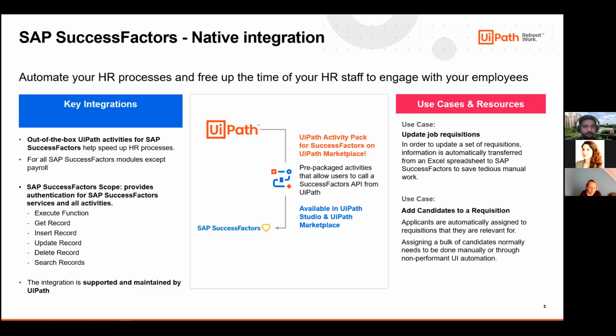But with the activity pack, you are able to upload really large volumes of records and data without affecting the performance of the system at all, which, with a SaaS product, is quite obvious. If you have a lot of robots running on that cloud product, then that could affect the performance. That's different with our native integrations.